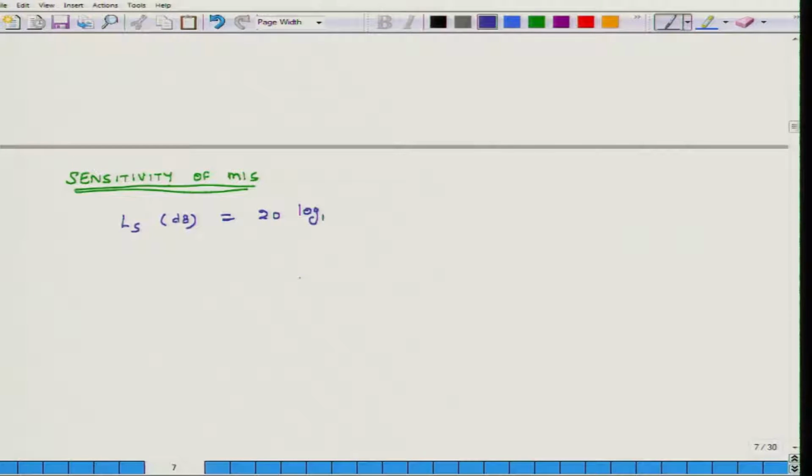20 log10 of Y divided by Y ref. So, what is Y?